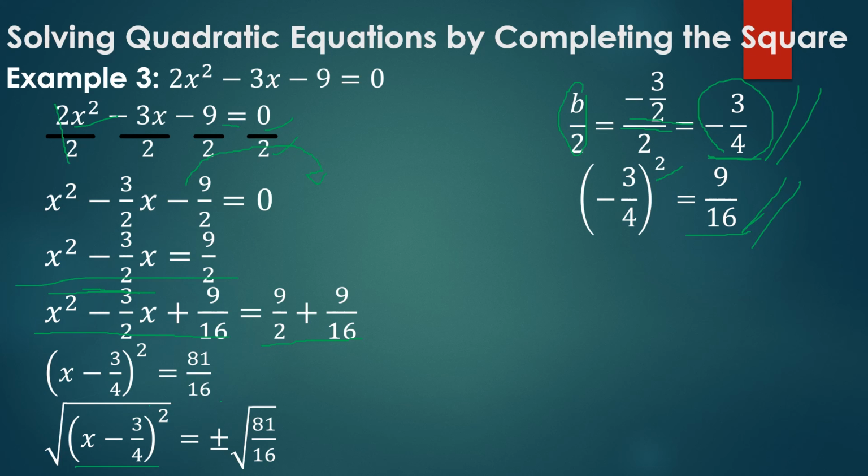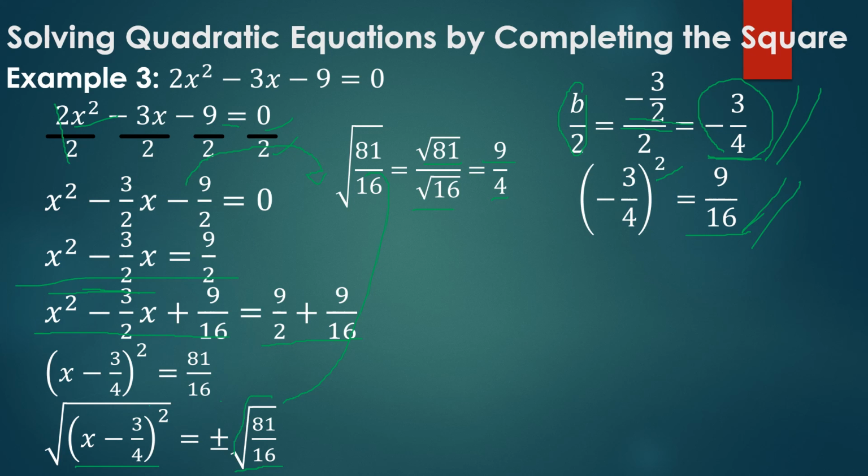And how about the square root of 81 over 16? By applying the division property of radicals, the square root of 81 over 16 can be written as the square root of 81 over the square root of 16. And we all know that the square root of 81 is 9 and the square root of 16 is 4.